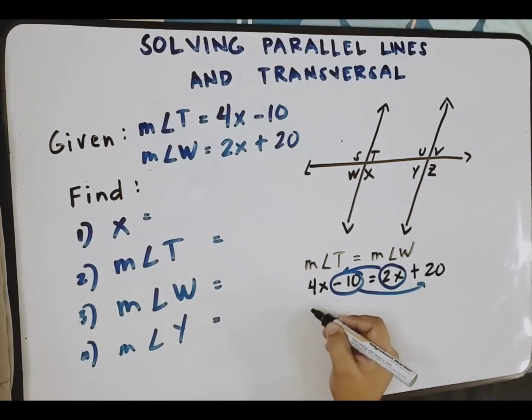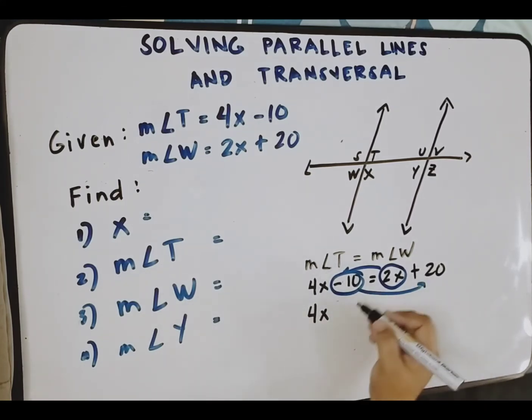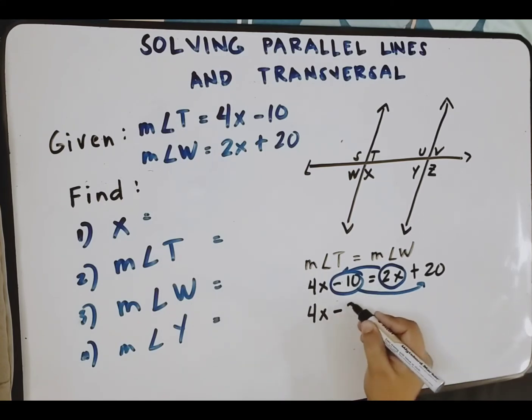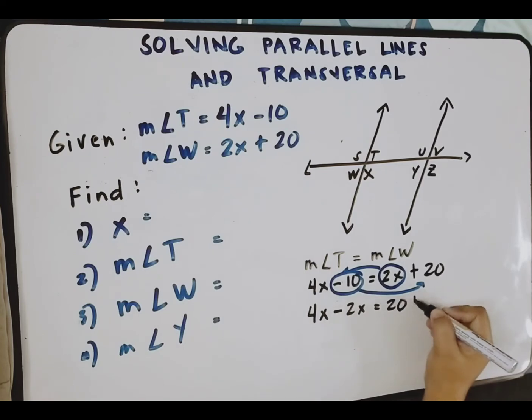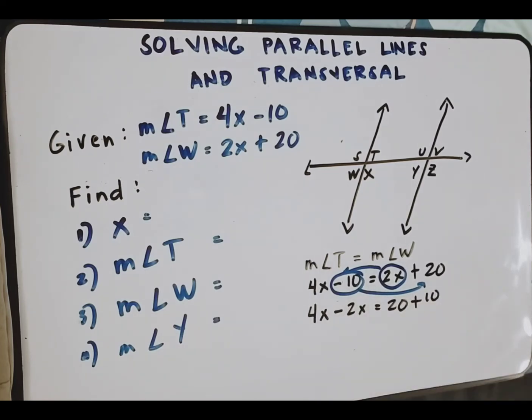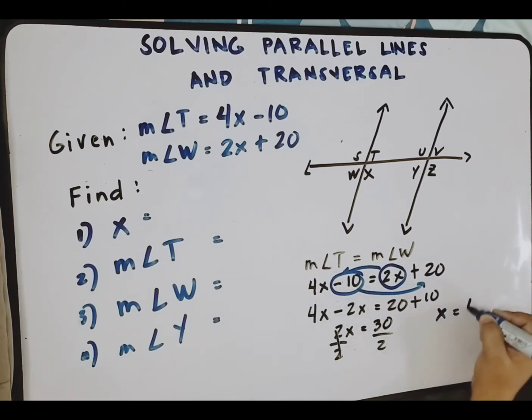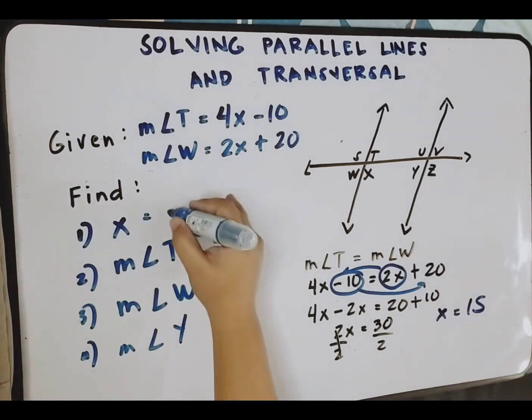So positive 2x becomes negative 2x, and negative 10 becomes positive 10. So 4x minus 2x is 2x, equals 20 plus 10 is 30. Then divide both sides by 2. So 30 divided by 2, x is equal now to 15.